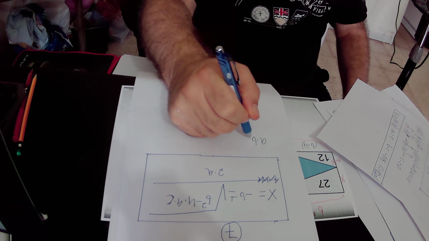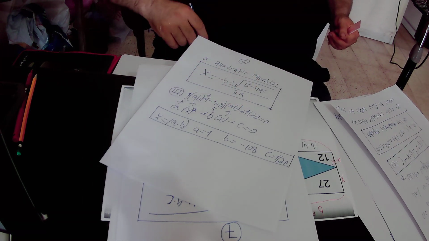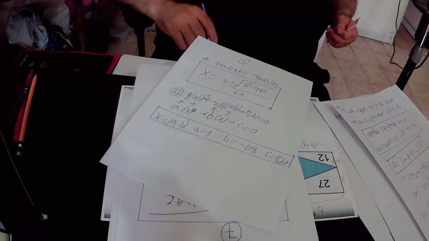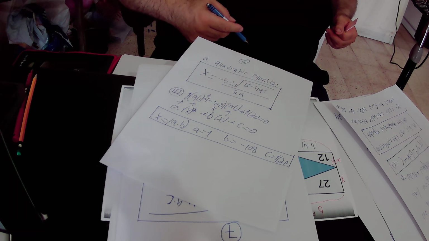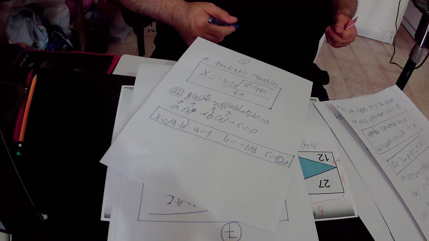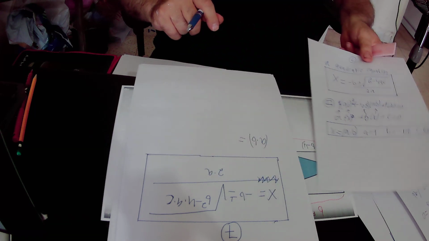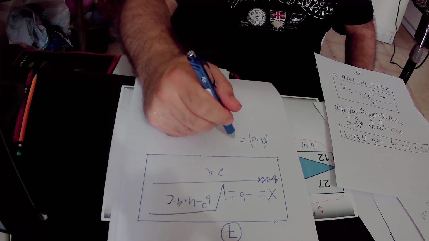A times b equals minus b, and b equals minus 108, so minus b is minus 108, which is actually 108, because minus times minus is a plus. Minus and minus is a positive.